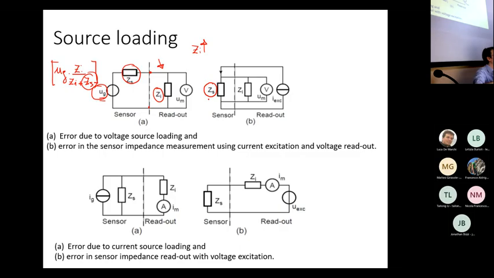What you are interested in is the variation of the impedance associated to the sensor. How can you measure such variation? Well, one way to proceed is to feed the sensor impedance with a constant current and measure the voltage across the impedance, so that the impedance can be estimated from the measured voltage divided by the current.